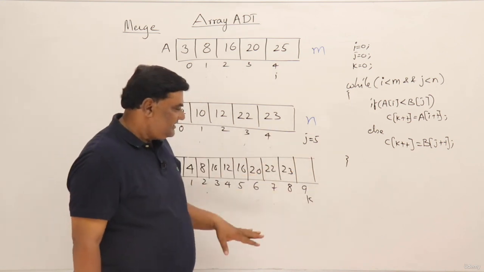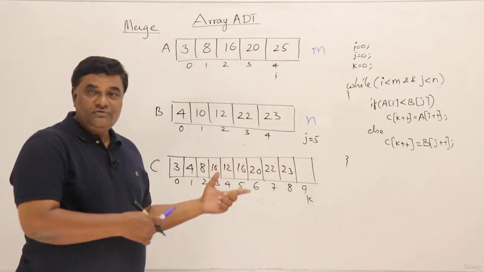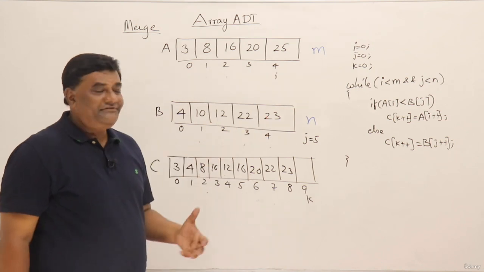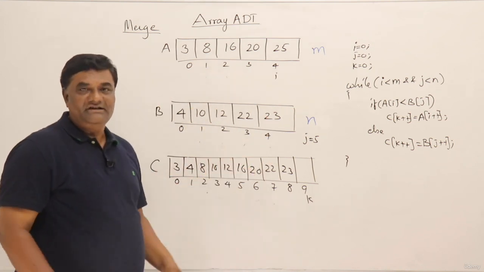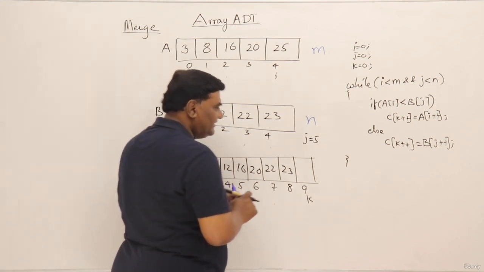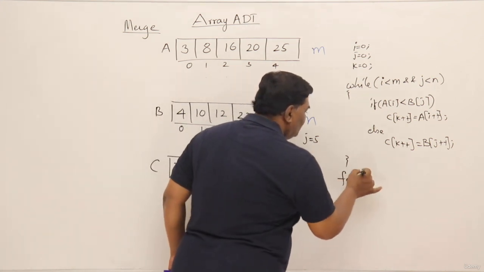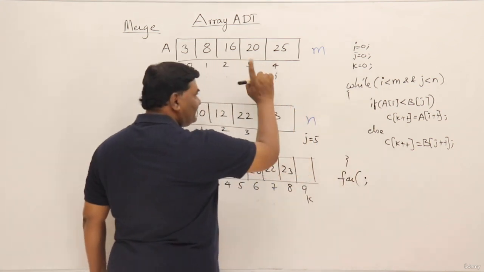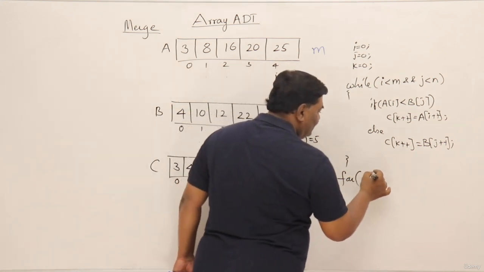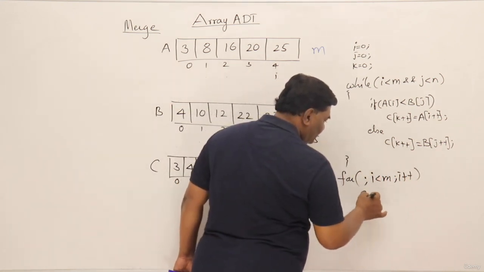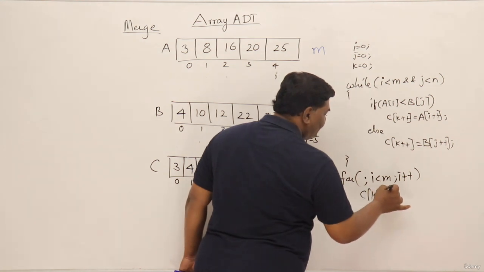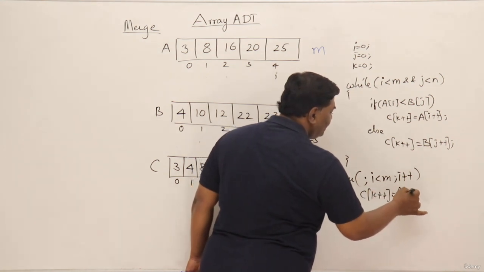Okay, we have stopped. Then what do we have to do? Copy the remaining elements. If in the first list, copy the remaining. If in the second list, then also copy the elements. So for that, I will write the code here. For, wherever i is, let it be there only. i less than m, i plus plus, c of k plus plus assign a of i.